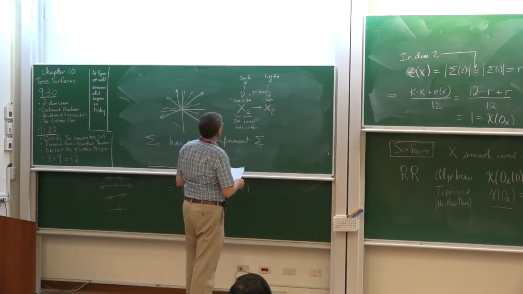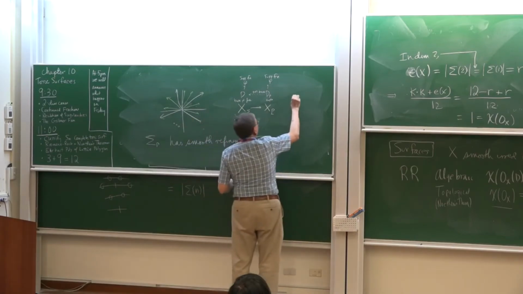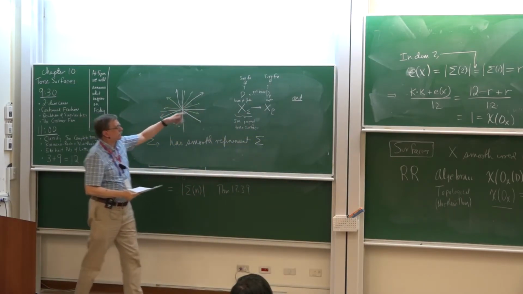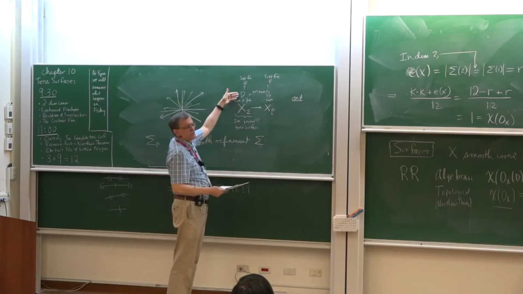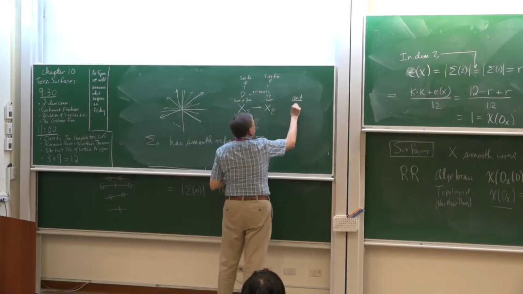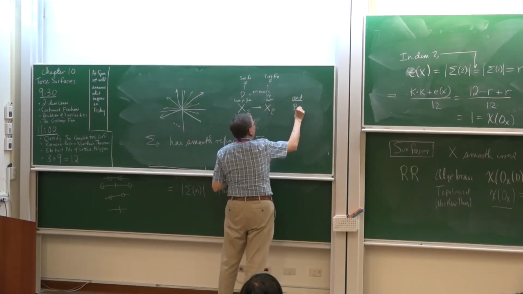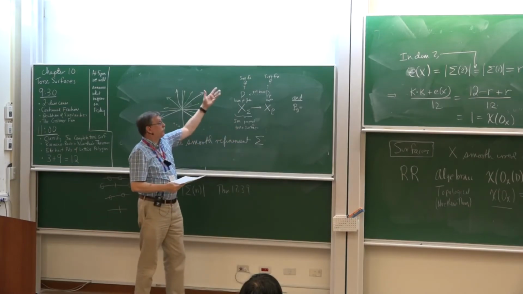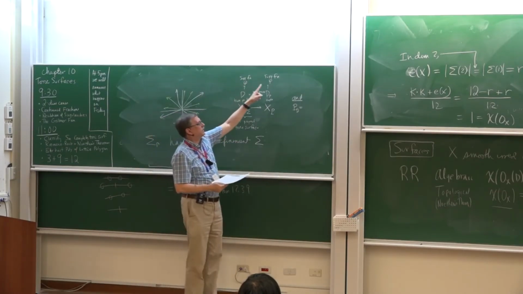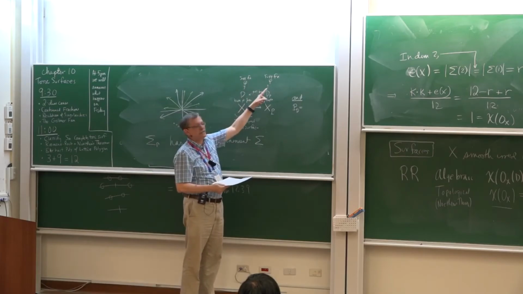Well, I should say one other thing. When you have a divisor on a toric variety, you get a polytope, P sub D. Now I can build the polytope using the support function, but these guys have the same support function.